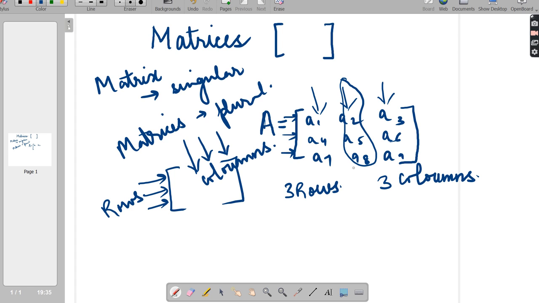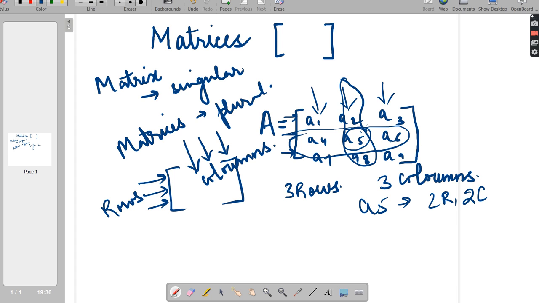And I say give the element which is placed in the second row as well. So I will go through this row. So which is the common element which satisfies both the conditions? A5. So A5 is the element which belongs to the second row and second column.